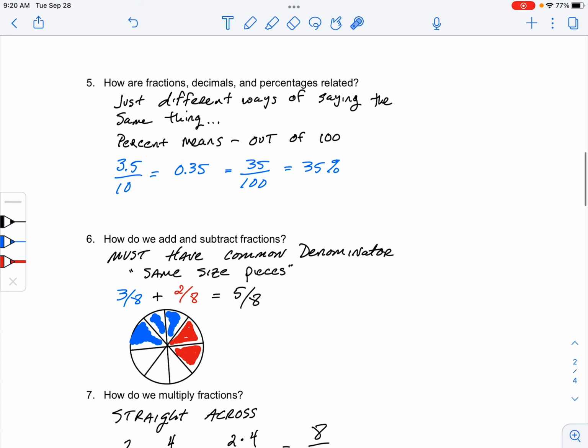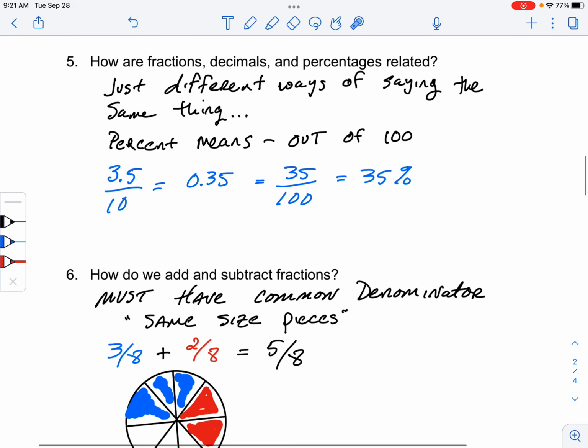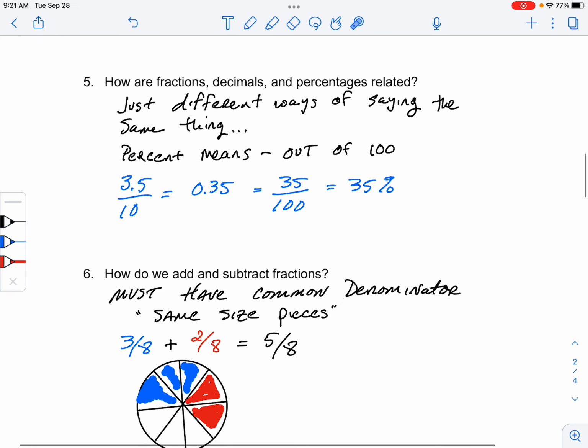We want to think about percentages. We're still just thinking about fractions and decimals and division. It's still all the same thing, but what it means to be a percentage is that we are out of 100. So the percent is the numerator when our denominator is 100. So it is how much out of 100.